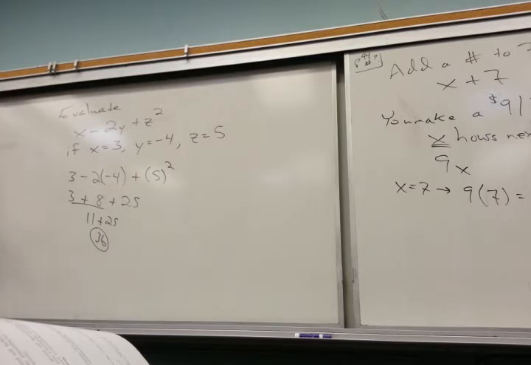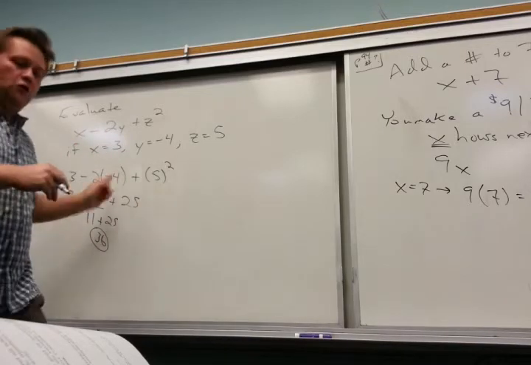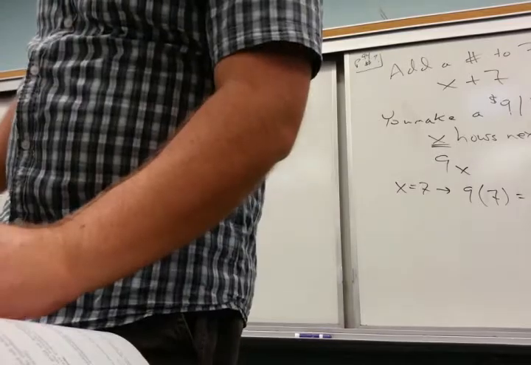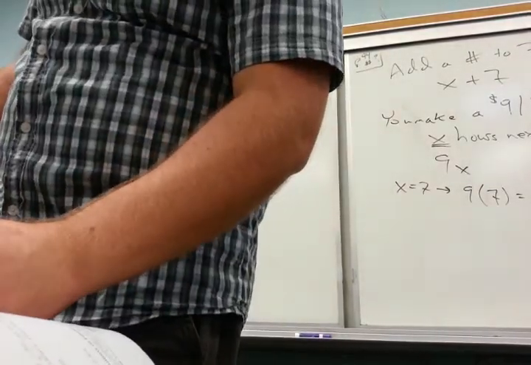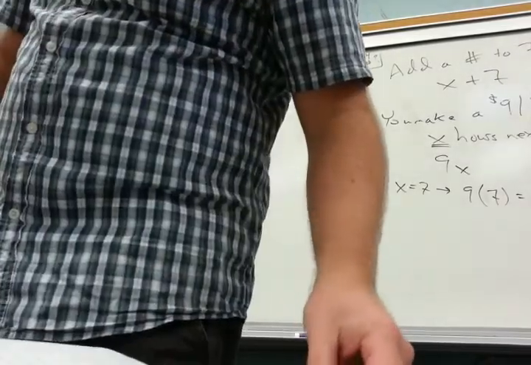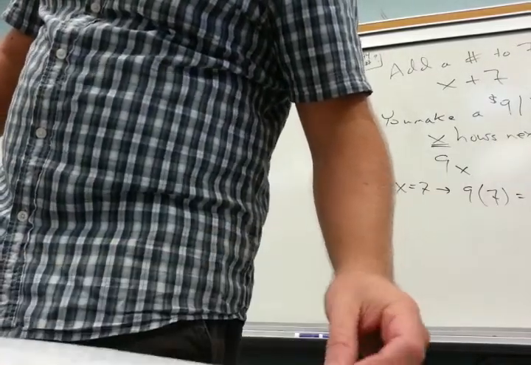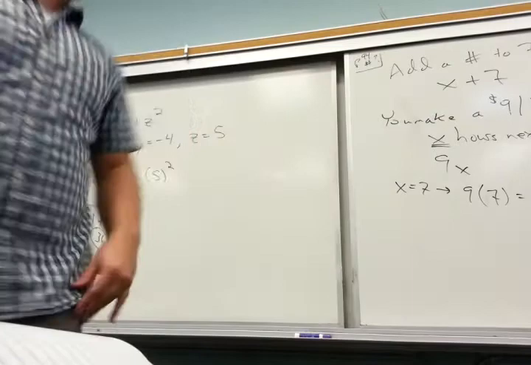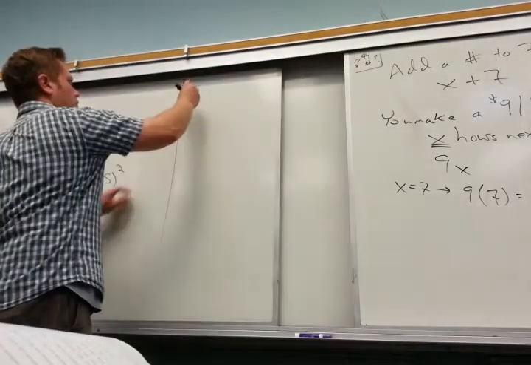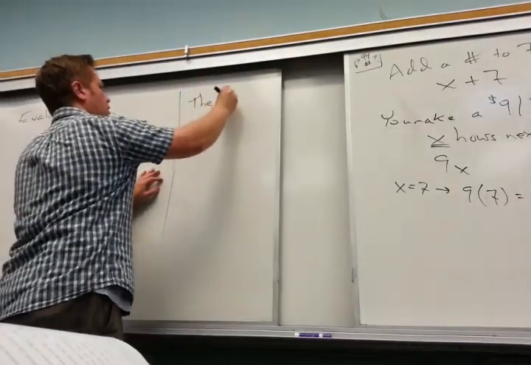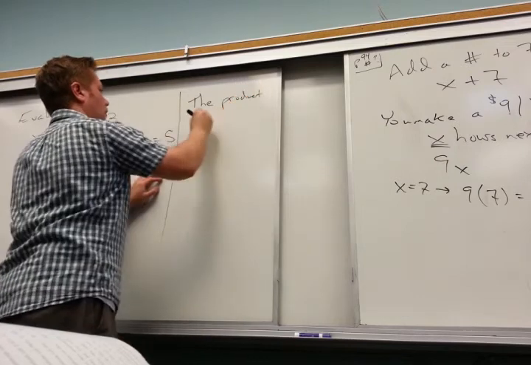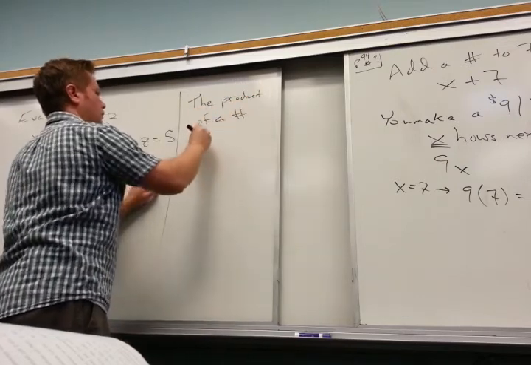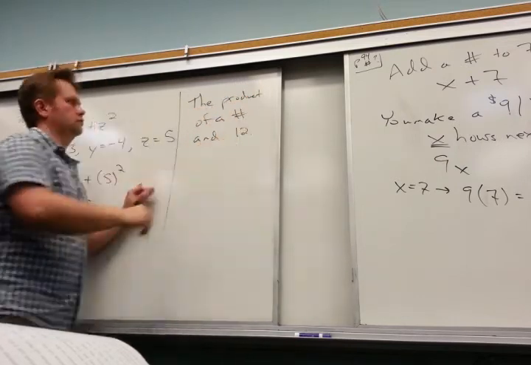Okay, so you have a bunch of problems like that where they have x's and y's and z's and w's and a's and b's and whatever, and then they got to tell you what each one is. So it shouldn't be that evil, as long as you know your order of operations. But then they're going to have problems like the sum of 3 and a number, or let's do the product of a number and 12.